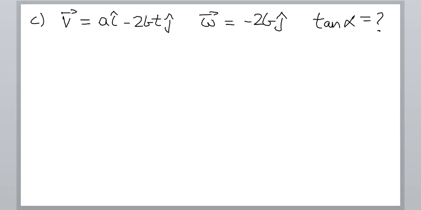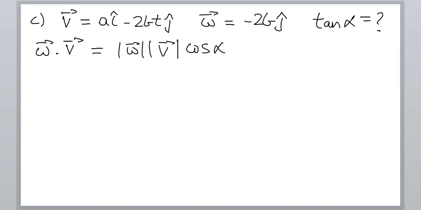So first of all, we can find the value of cos alpha by taking the dot product of these two vectors. If I take w vector dot v vector, what will I get? By definition, the dot product of two vectors is the modulus of the first vector, multiplied by the modulus of the second vector, multiplied by cosine alpha, where alpha is the angle between the two vectors.